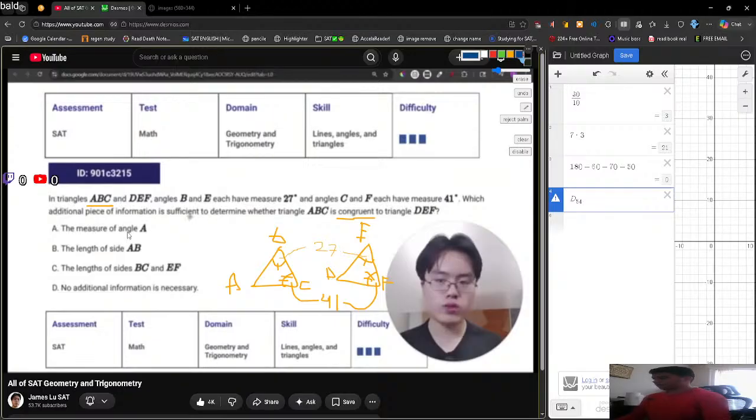The measurement of angle A. Oh, I just realized, if there are two angles that are the same, then the third one is also the same, because 180 minus these two would give you the same third angle. Yes, if we get angle A, we will get angle D.